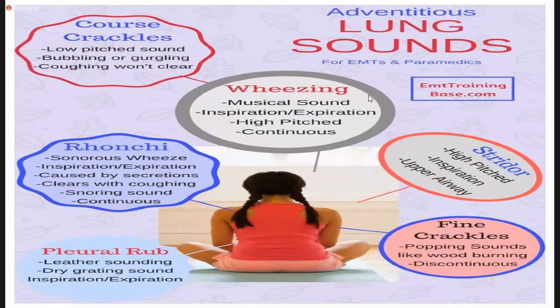Okay, then what is a rhonchi? A rhonchi is basically a continuous musical whistling sound, which is produced by the passage of air through narrowed airways. It can occur during inspiration and expiration, and it is caused by secretions.